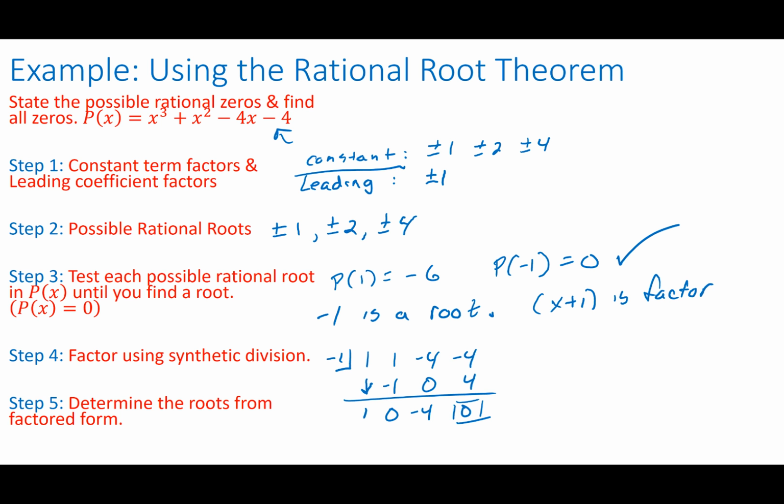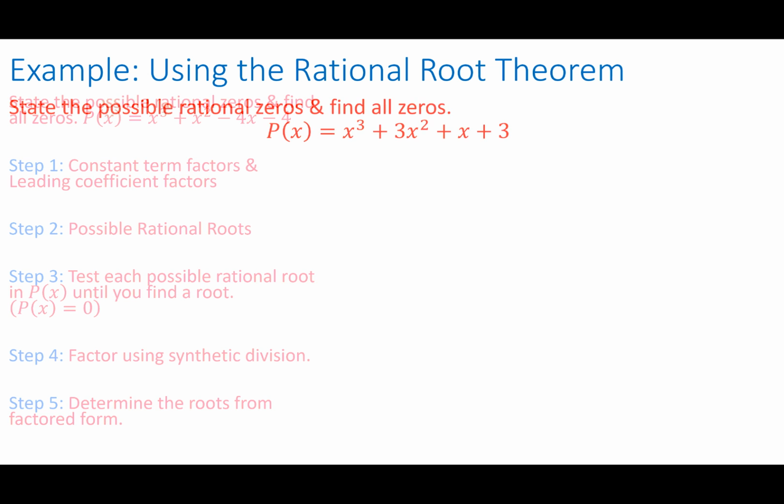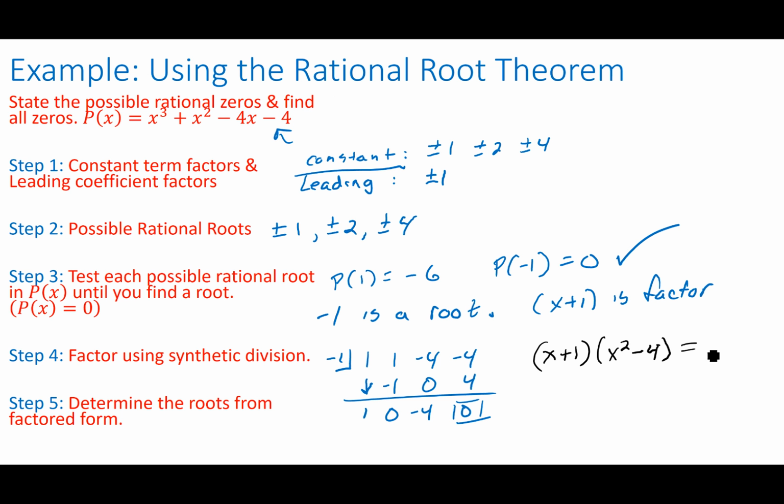So now my 2 factors are going to be x plus 1 times x squared plus 0x minus 4. So that's synthetic division. That gives me the coefficients. And remember, I'm trying to make this equal to 0.